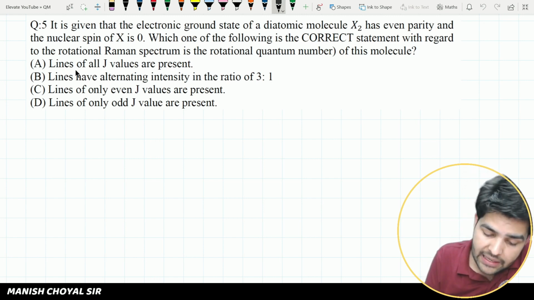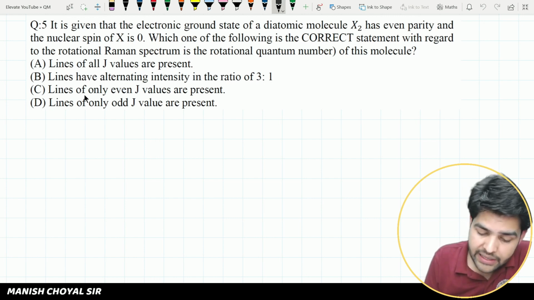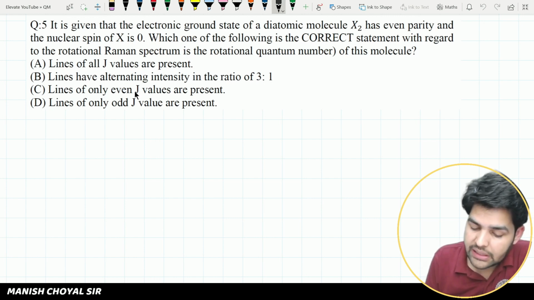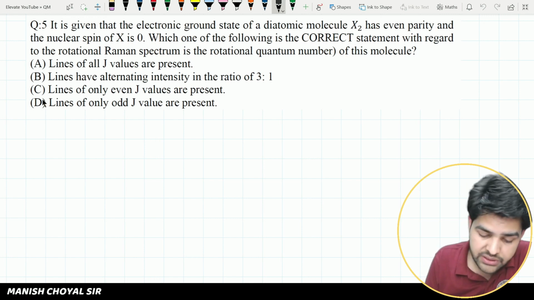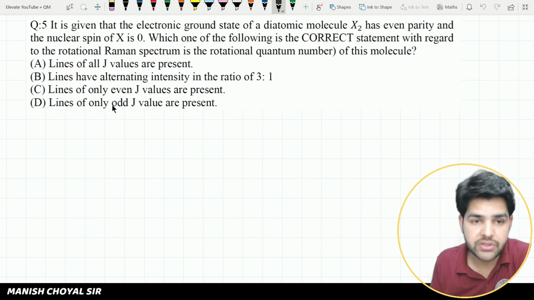Option A: lines of all J values are present. Option B: lines have alternating intensity in the ratio of 3:1. Option C: lines of only even J values are present. Option D: lines of only odd J values are present. Okay.